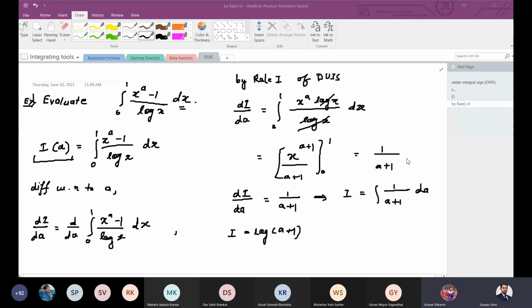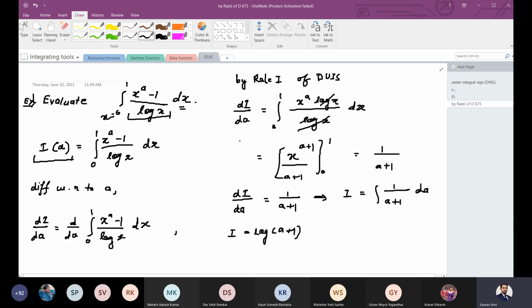So what things do you have in the integral? There is a, there is log x, and you will put the values of x. Integration is with respect to x, so the limits are for x, so x will go away. What is left? a. So the answer will be in terms of a, right? Yes, sir.